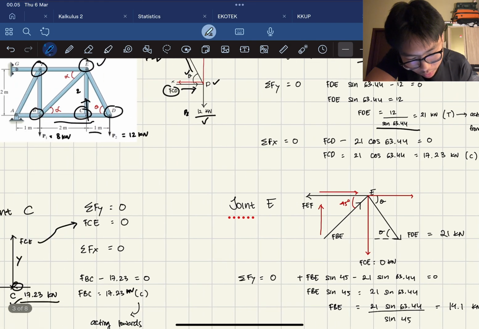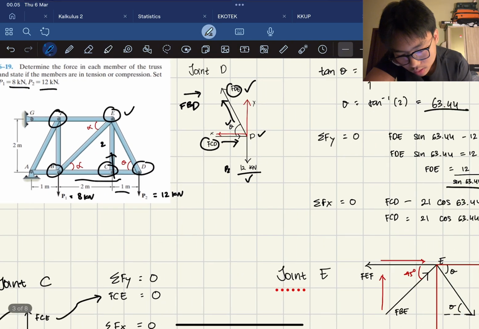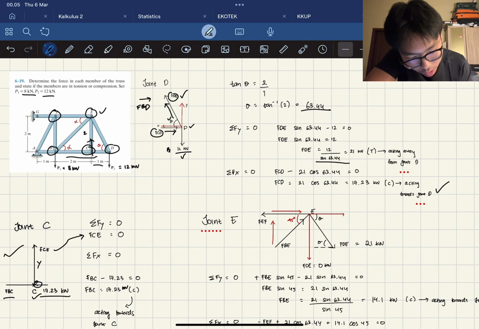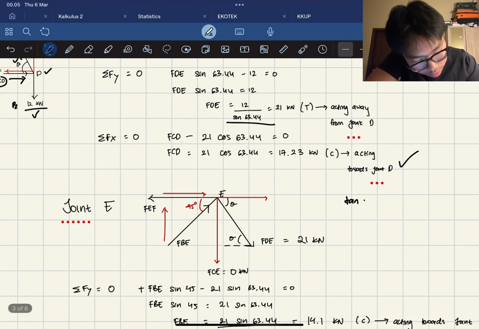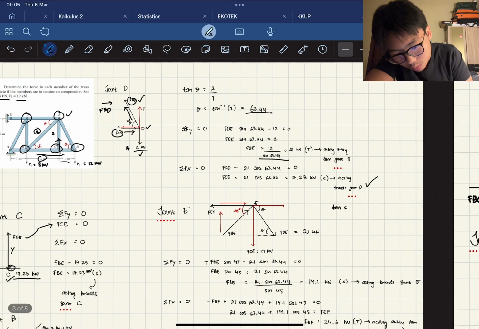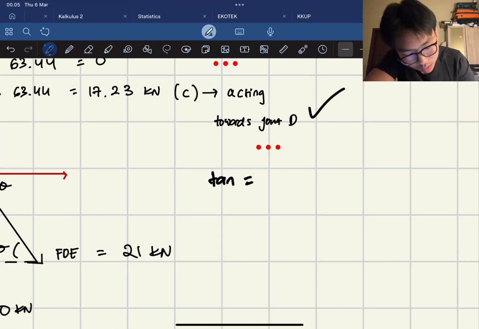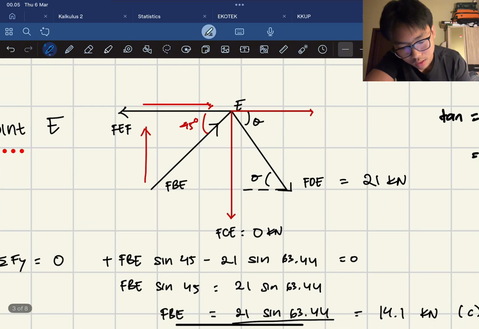In here we have an angle, and if we calculate this angle by using tan, this is 2 meters and this would also be 2 meters, so tan inverse of 2 over 2 equals 45 degrees.